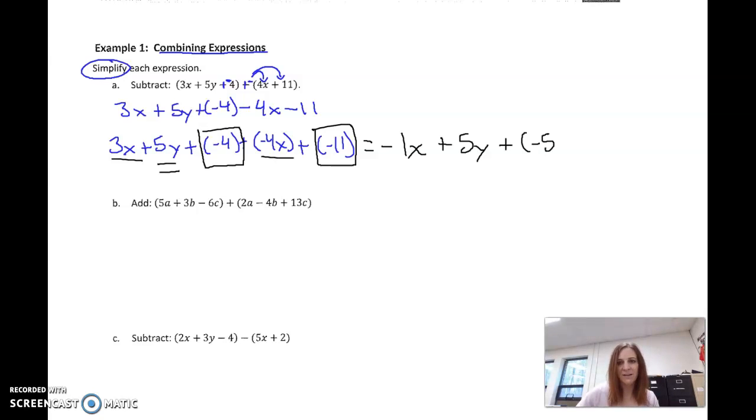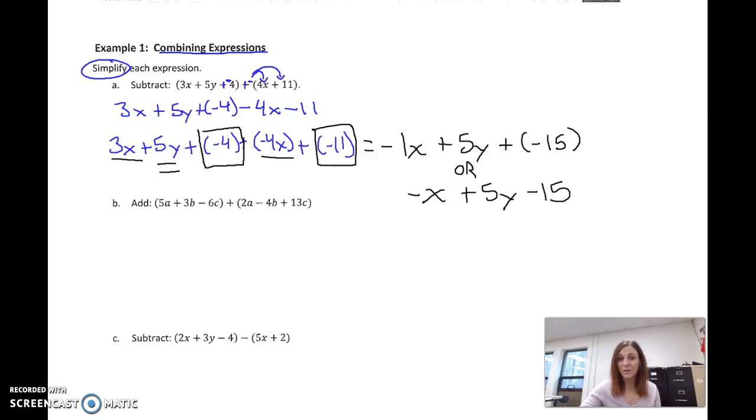Not a negative 5, a negative 15. Really a lot of what we're doing in this lesson is just getting comfortable dealing with those minuses and negatives. Again, you could write this as negative x, drop the 1, plus 5y, minus 15.